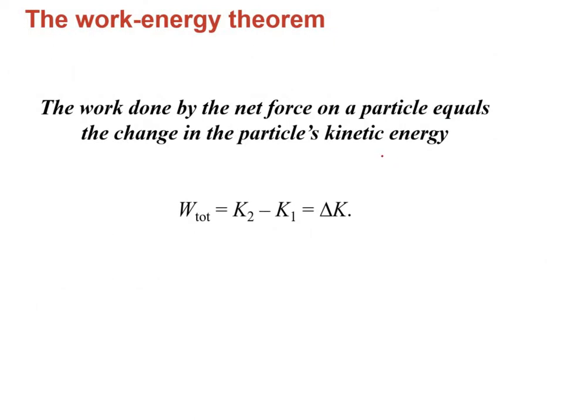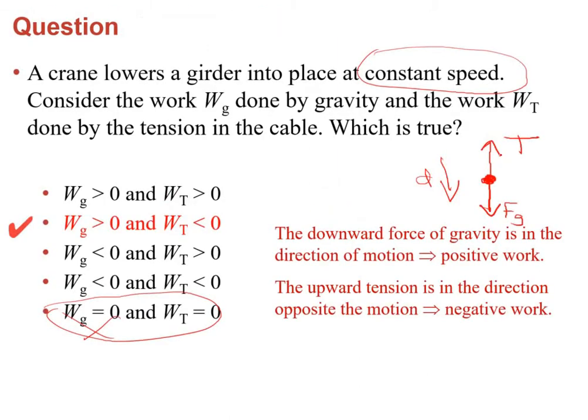So the work kinetic energy theorem states that if you have a situation where there are multiple forces acting on an object, you find the total work done, and that total work done is equal to the change in kinetic energy of that object. This is where that misconception comes from: that if you have a constant speed, the change in kinetic energy is zero, so the work done by individual forces is zero.